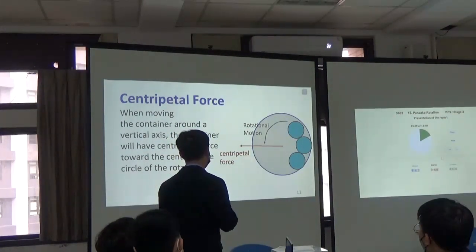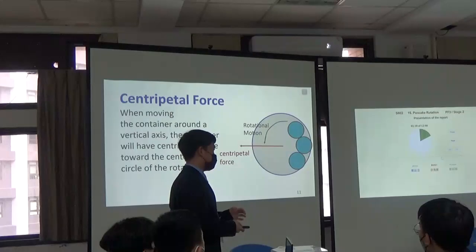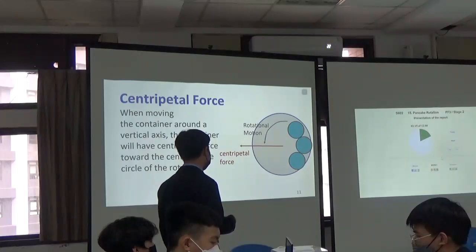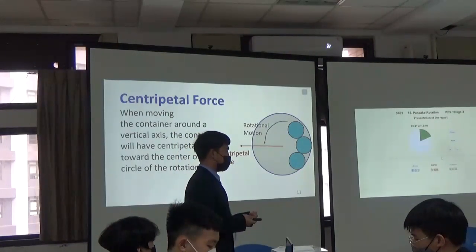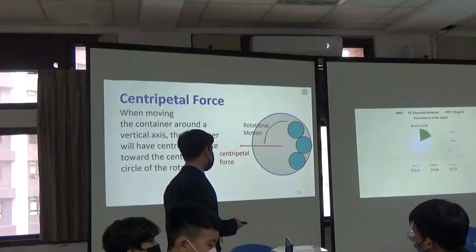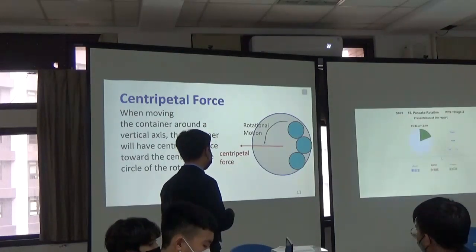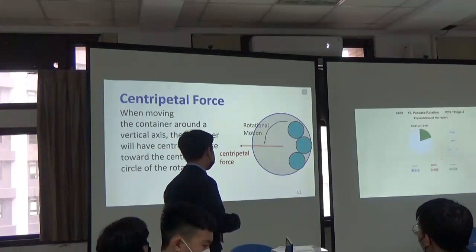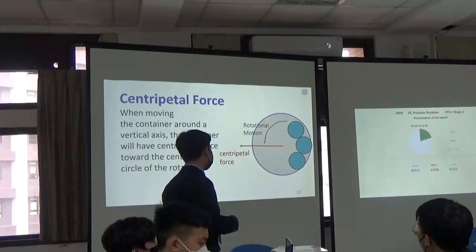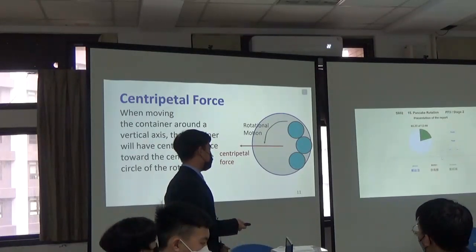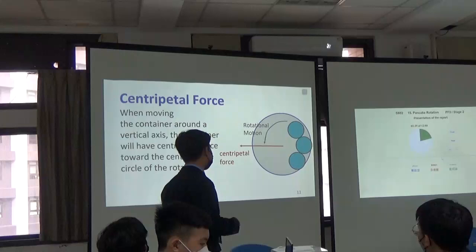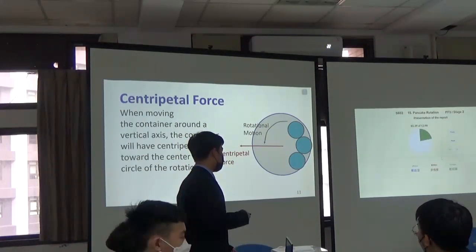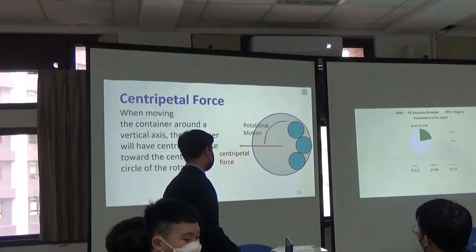Centripetal force. When we rotate the container with a vertical axis, there will be a centripetal force toward the center of the circle we rotate, and the container will have the centripetal force, but because of the inertia, the balls will gather in the opposite direction of the centripetal force direction.